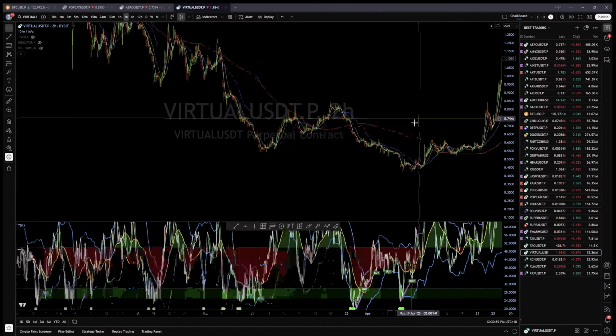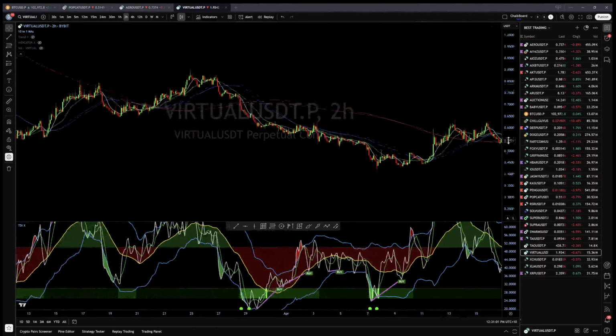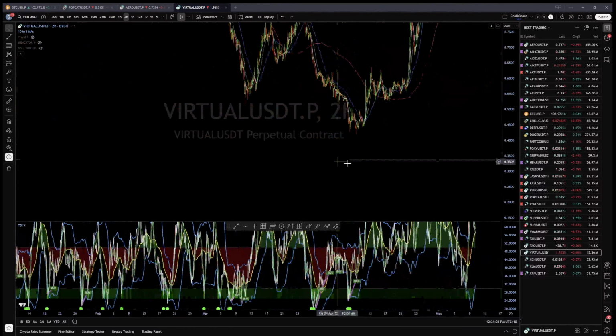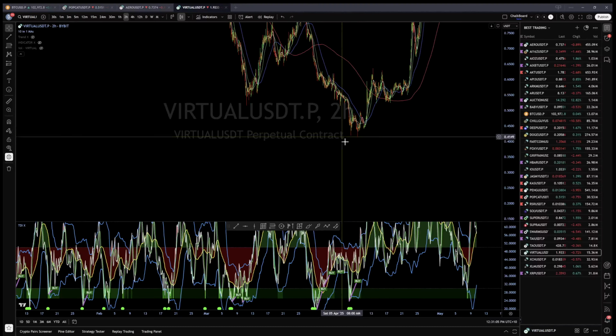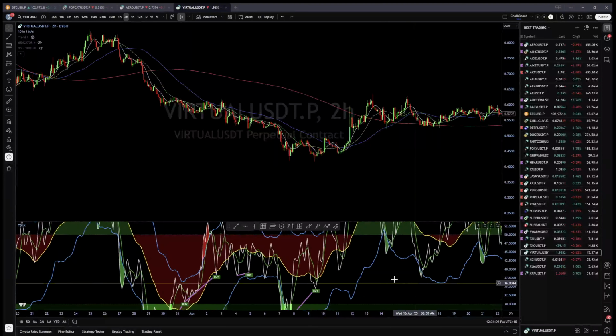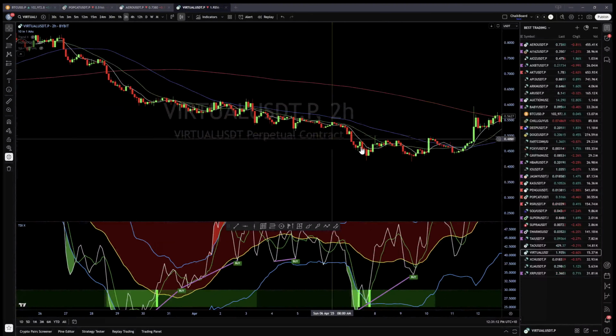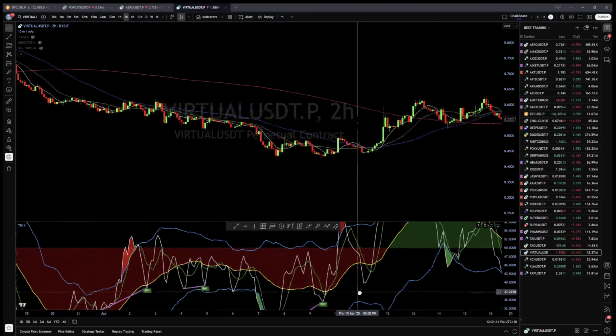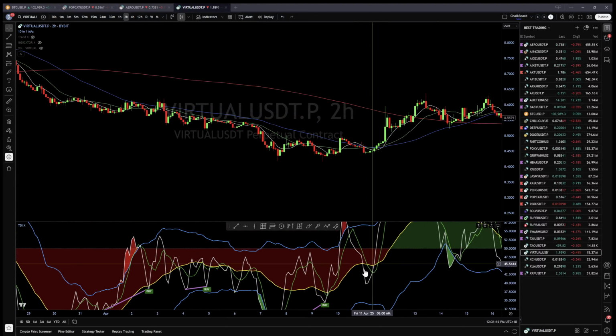Okay, so on the 2 hour on this one, because this is indeed the bottom of this dip, when you have the price come down and the money flow go up, eventually you're going to have a final crossover of this fast MA.